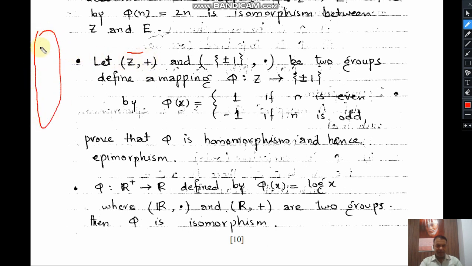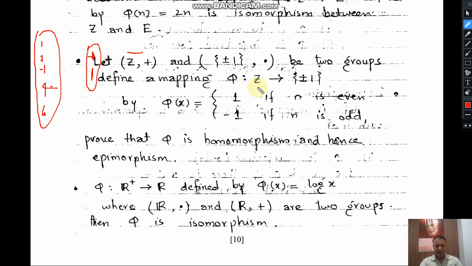You can take a few elements, let us suppose 1, 2, minus 1, 4, 6 etc. But in the second set there are only two elements, plus 1 and minus 1, and multiplication will be applied between them, because the closure property will be satisfied only if multiplication is performed. If I take the product of minus 1 with minus 1, I get 1. If I multiply 1 with minus 1, I get minus 1. Similarly, if I multiply 1 with 1, I get 1, and so on.